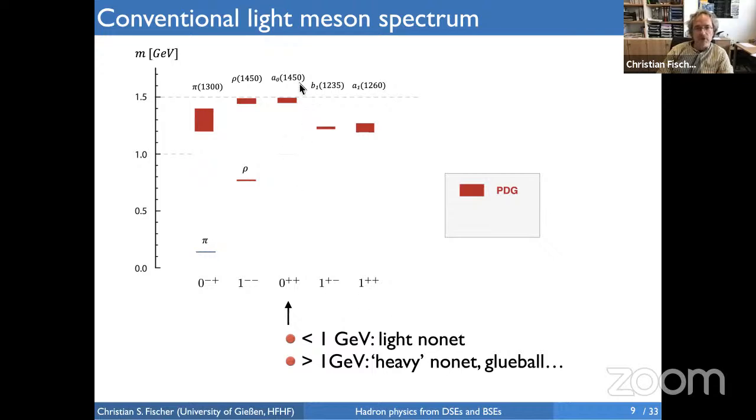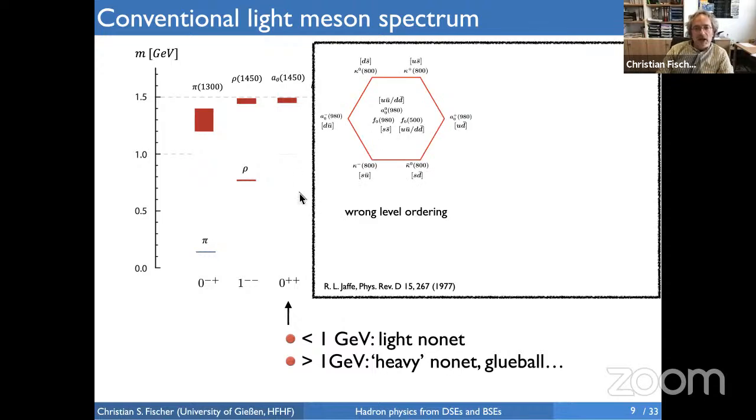And we find a heavy nonet where I put one member of this heavy nonet in this diagram. Why didn't I put the light nonet into this? Because I only wanted to include the conventional q-qbar states in this diagram.